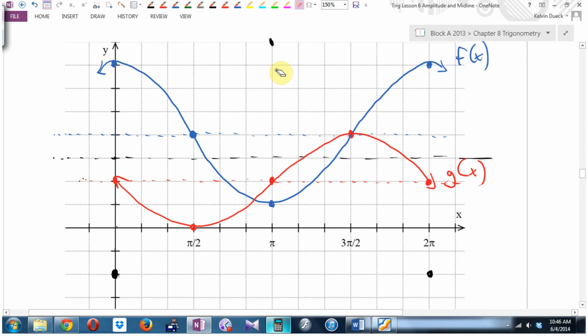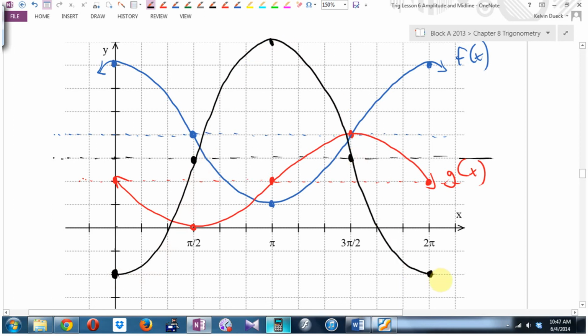Or I can actually just look at the numbers and say, it's going to be 8 high there. I'm going to be halfway between 0 and pi. And I'm going to be halfway high again on the midline between pi and 2 pi. This graph is going to look like that. That's h of x.